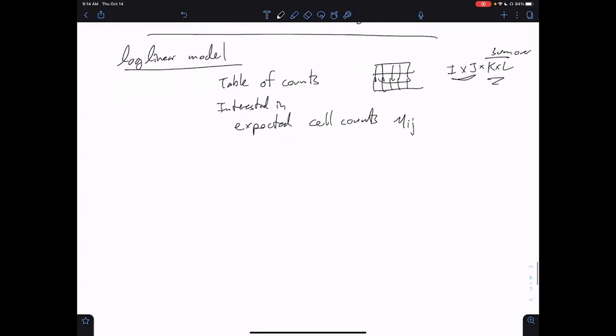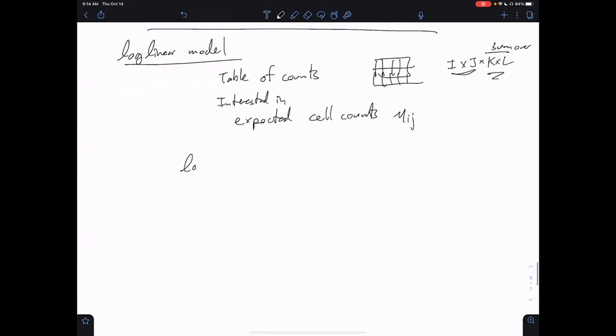And then the model for this is going to be something like the log of the expected cell count equals a parameter lambda, and a parameter for each, let's say in this case, a binary variable.